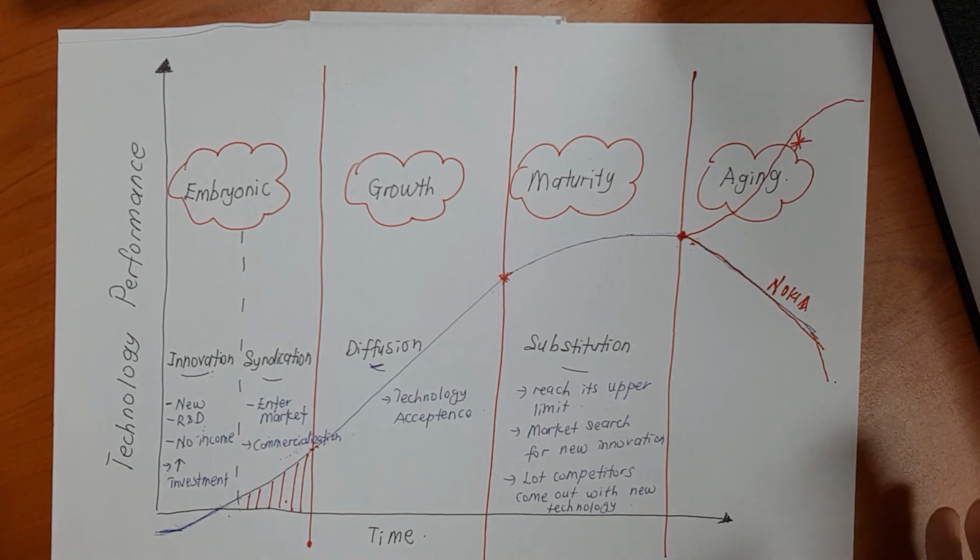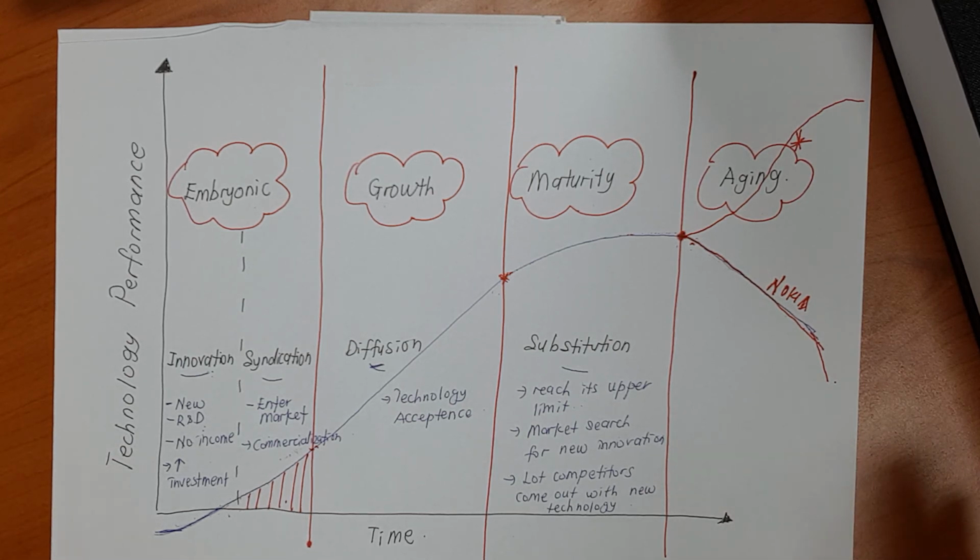From here we can see that the technology life cycle is important for every company in order for them to trace which stage their product is at, and it helps the organization to focus and take action on their innovation strategy.